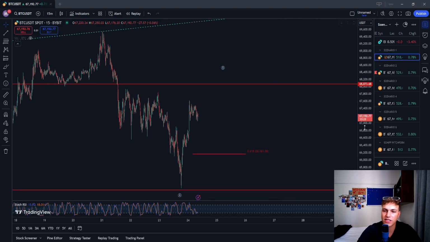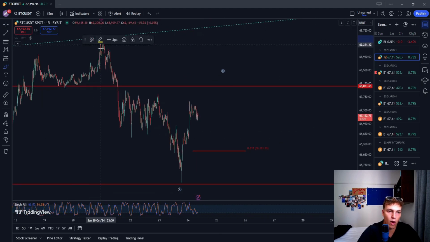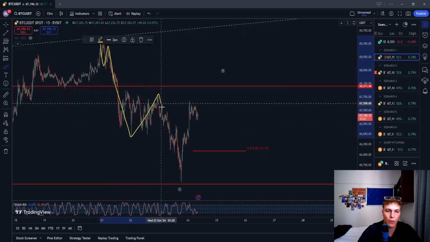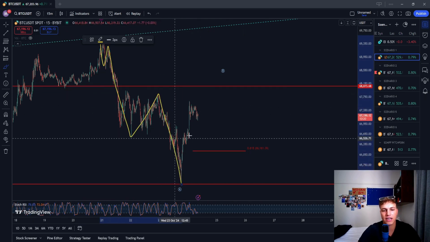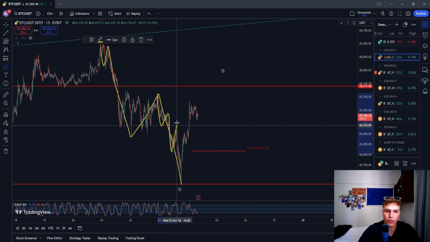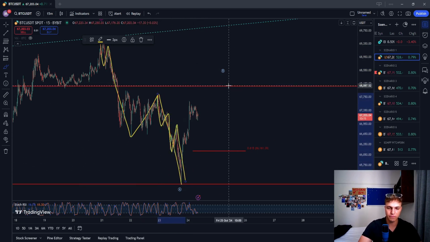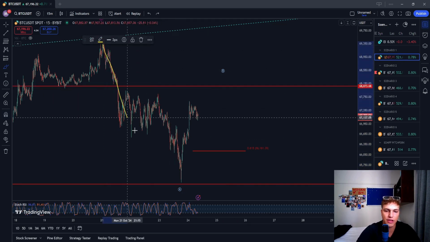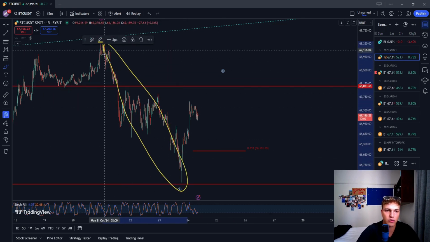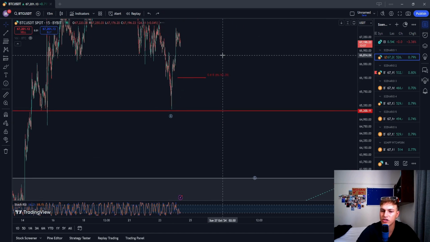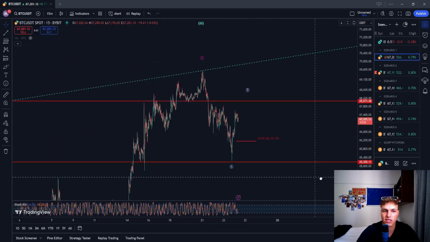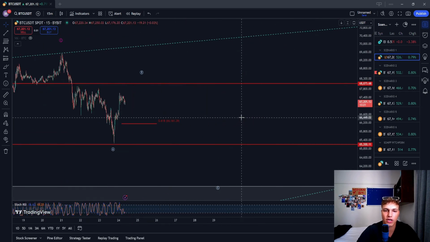We can see that this is possibly a 1, 2, 3, 4, and a wave 5 in an ending diagonal, quite a nice impulse, but that would be the wave A towards the downside. I would have preferred for wave A to get quite a bit lower so we can extend this move towards the downside, but this looks okay for now.